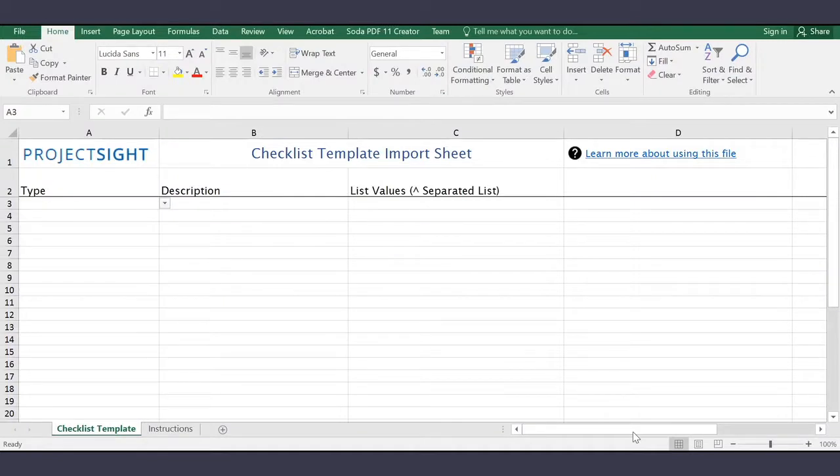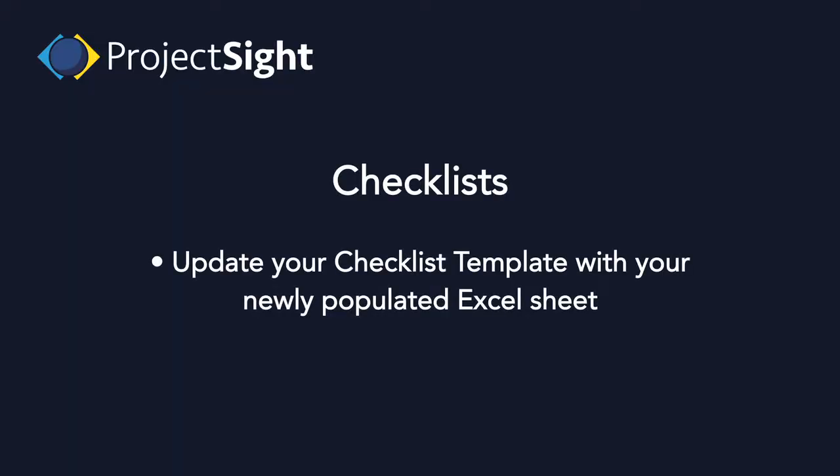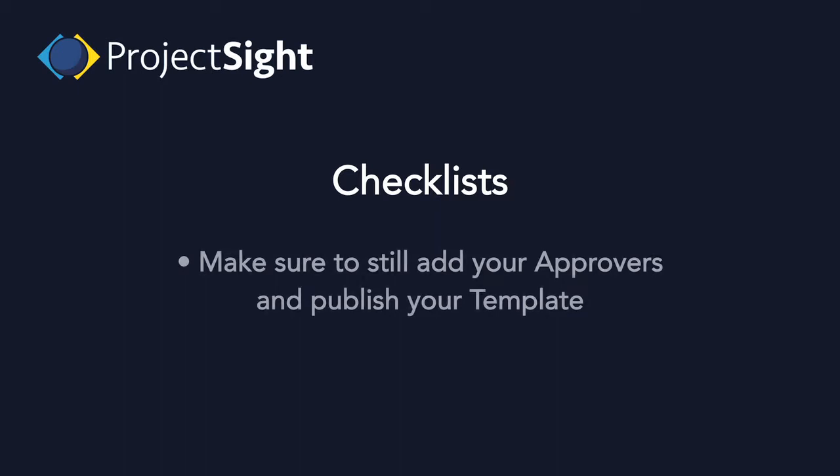Once in Excel, you can mass upload data to this template, including the type, description, and list values if some of your item fields are drop-down lists. Once you're done, save your file, and then using the import icon once again in ProjectSight, you can update your checklist template with your newly populated Excel sheet. Make sure to still add your approvers and publish your template.